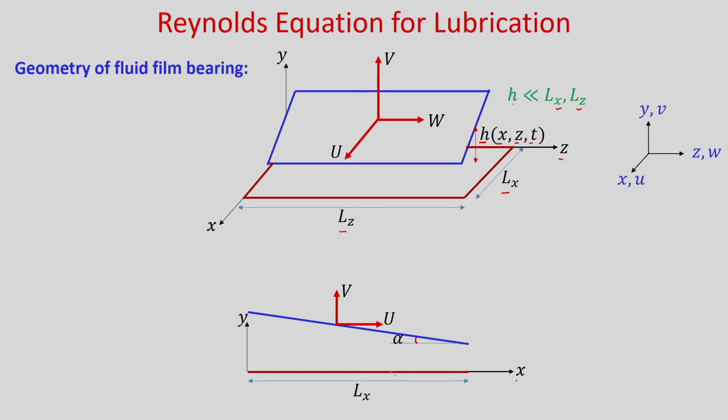So, to study this type of fluid film lubrication, we need the governing equation of fluid flow, and first let us write the governing equation which we have derived in Cartesian coordinate.